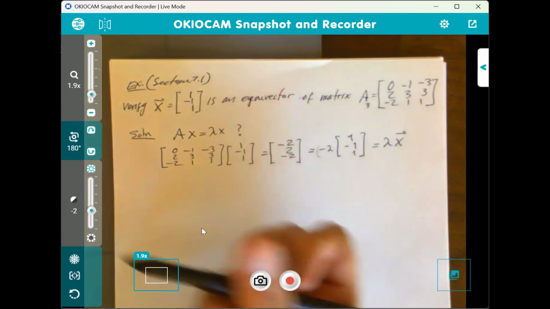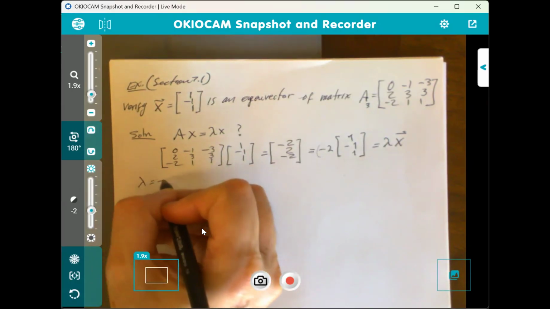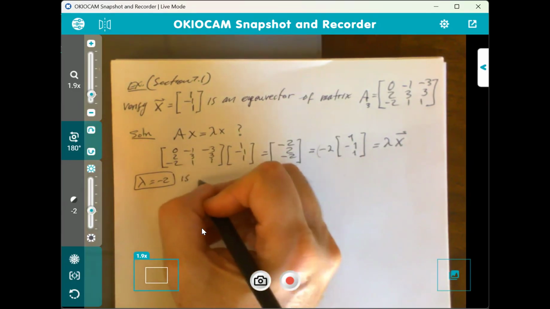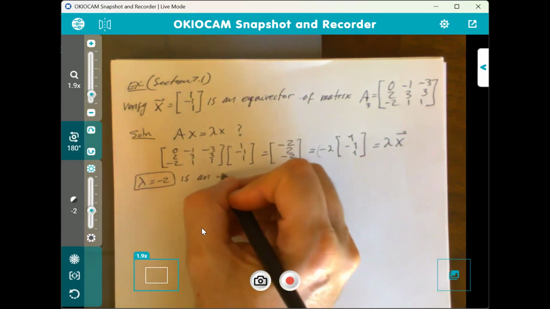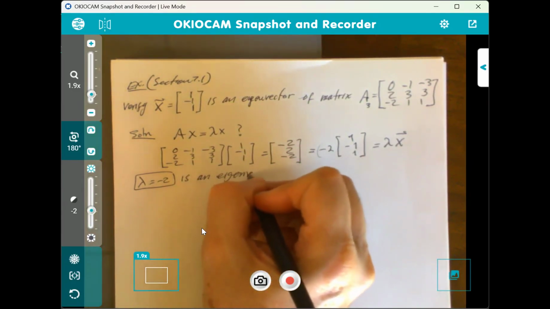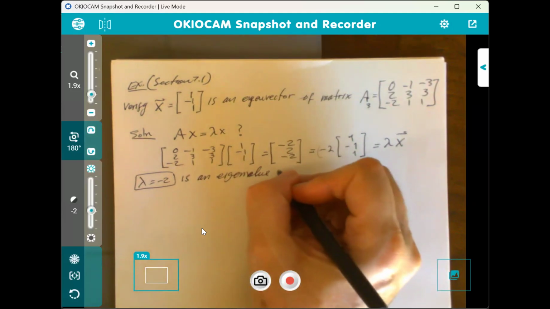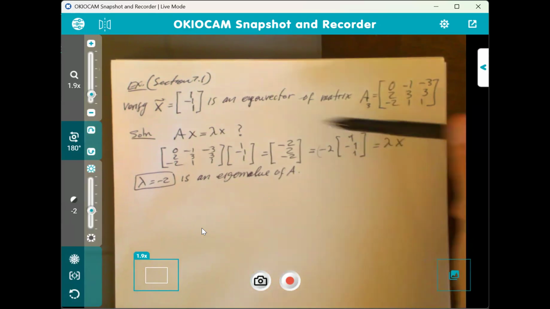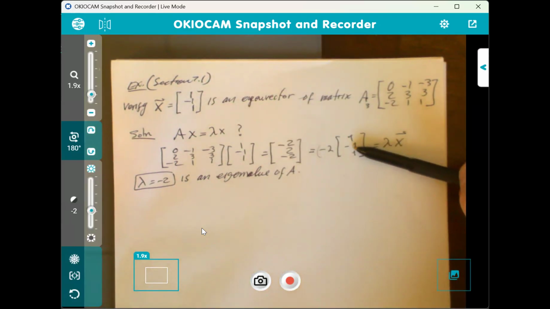Therefore, in this case, lambda is going to be -2. And lambda -2 is called an eigenvalue. So it is an eigenvalue of that matrix, which makes this vector x an eigenvector of the matrix.